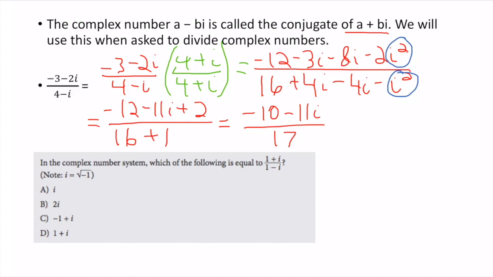We're just breaking it up into two different FOILs here. We FOIL the top, FOIL the bottom, and then we do them out separately. If there was anything to reduce at our final step, I could go ahead and reduce it, but this one doesn't work out like that, so there's nothing left to do.